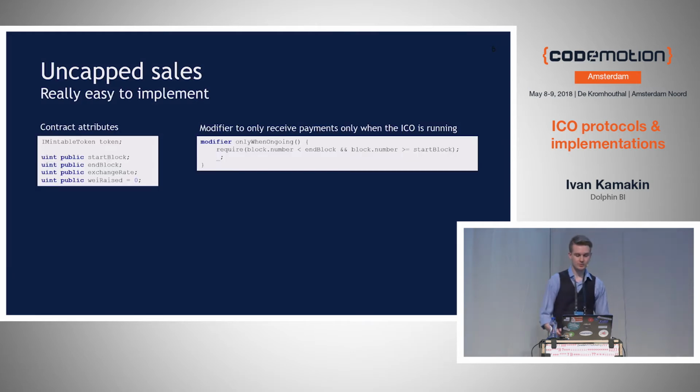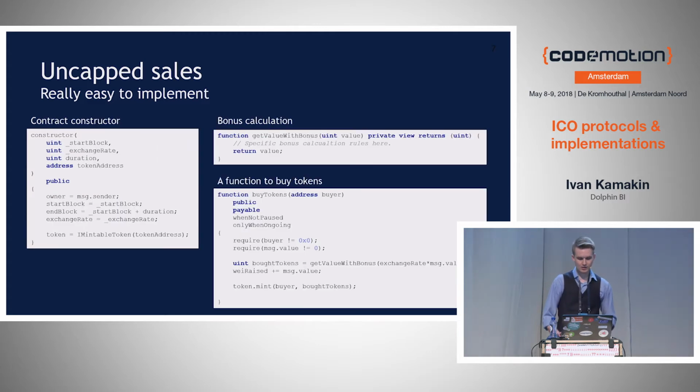So how would you implement an uncapped sale in Solidity? Here we have some attributes. There are the token interface attributes and other parameters. There is also a custom modifier, which controls whether an ICO is currently in process, just checking if the current block is between the start and the end. Then we have the constructor, basically just some assignments. The interesting one is only the token, because in Solidity you can just use an address to create a new variable of contract type.